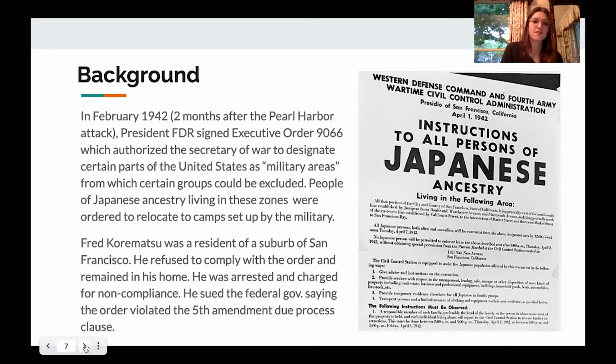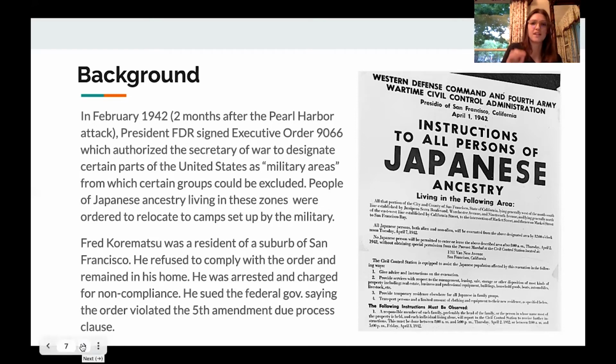This man, Fred Korematsu, was a resident of San Francisco. He didn't want to leave his home after he was forced to. This little poster right here shows what the people of Japanese ancestry in the United States were told to do when they were forcibly removed from their homes and taken to settlement camps.